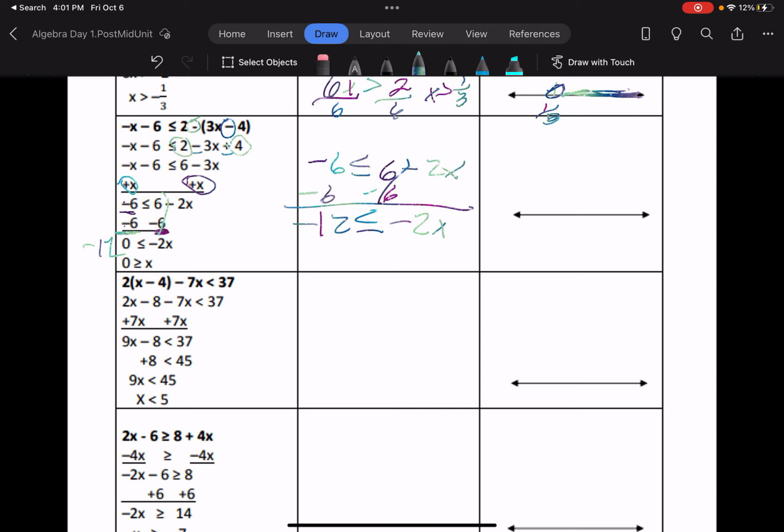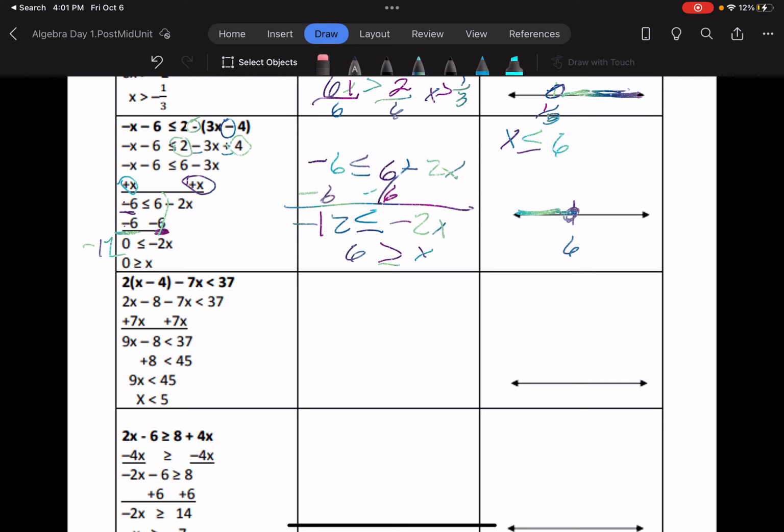So we divide both sides by negative 2, and we will get x is greater than or equal to 6. But because we divided by a negative, I have to also flip the sign. So this reads as x is less than or equal to 6. Mark a 6, fill in the dot, and graph it to the left.